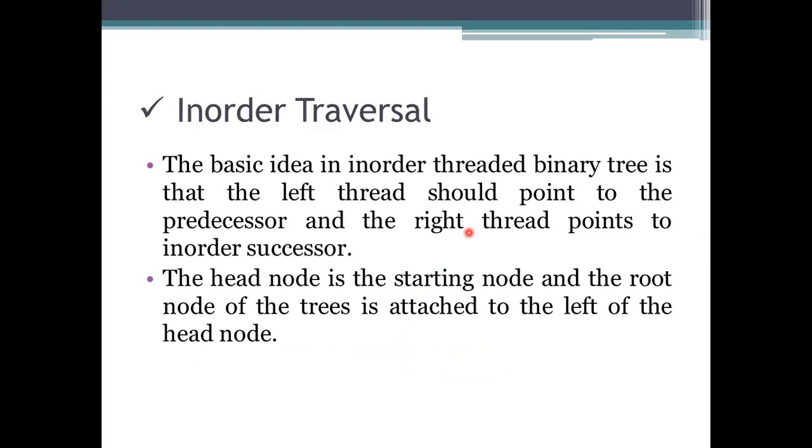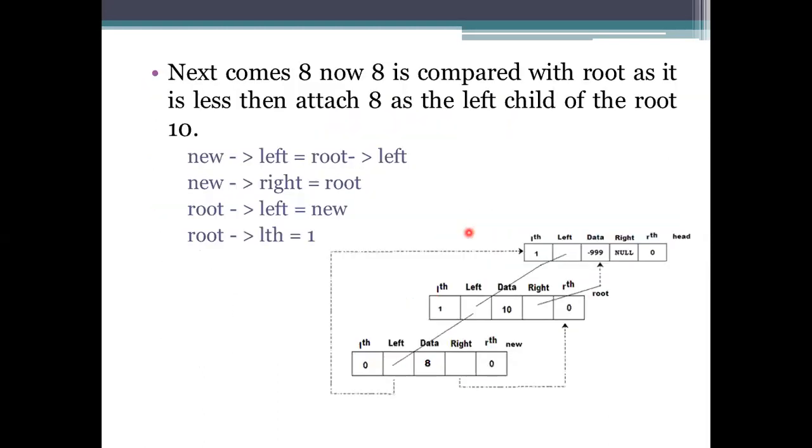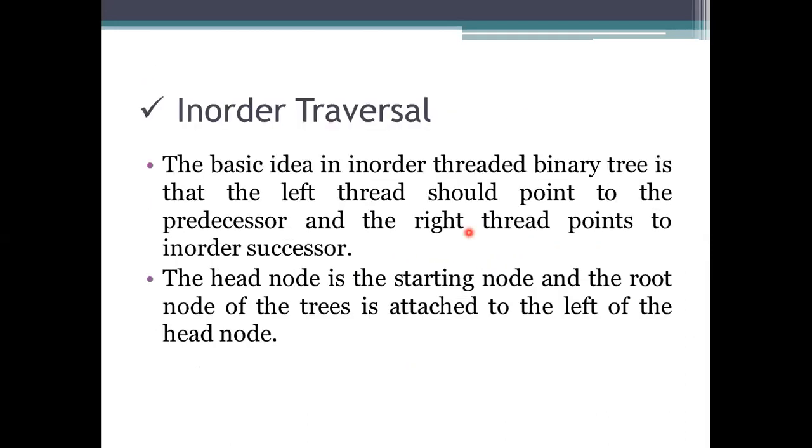And coming to the in order representation, where we use this threaded binary tree, if we are using in order traversal, the left thread will be pointed to the predecessor, and the right thread will be pointed to the successor as specified by default.